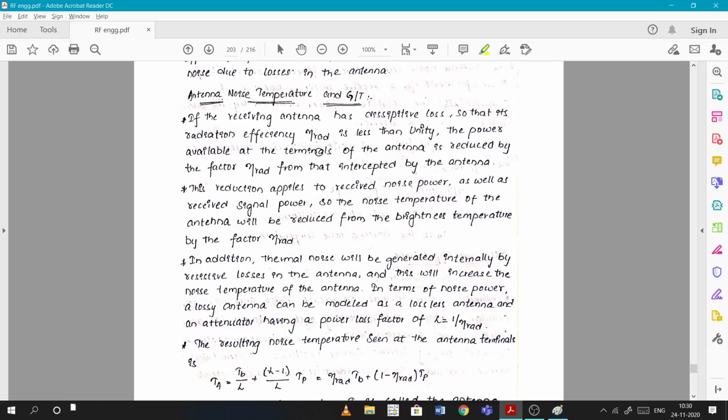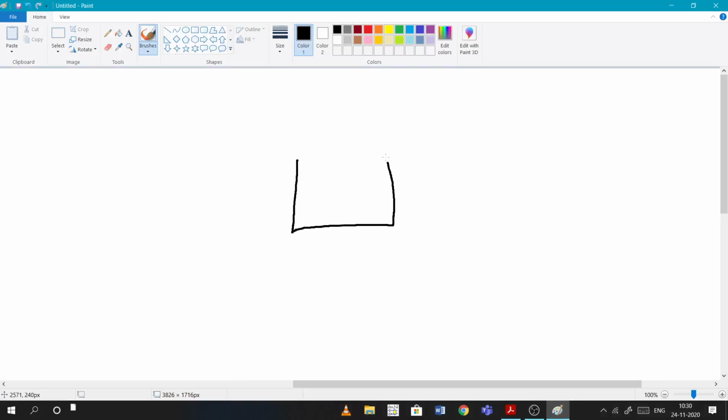Now in the receiver there will be some power received, but that entire power will not enter the circuitry behind. For example, let us take a device connected to an antenna.